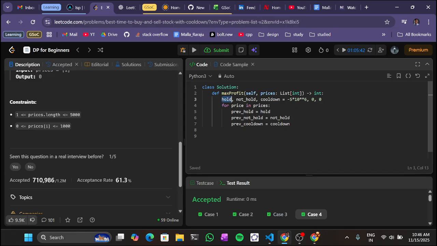First thing is, if we are previously holding anything, the choices are we still want to hold it, or we can skip and hold it again.